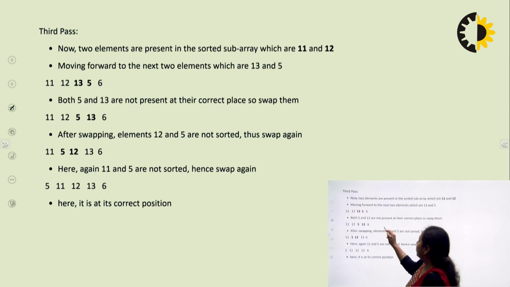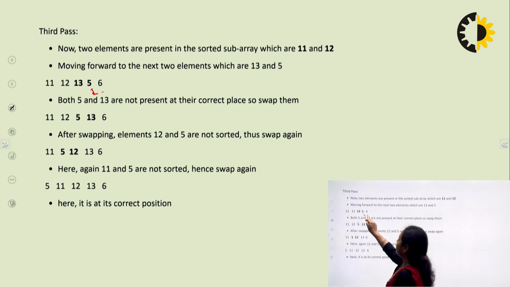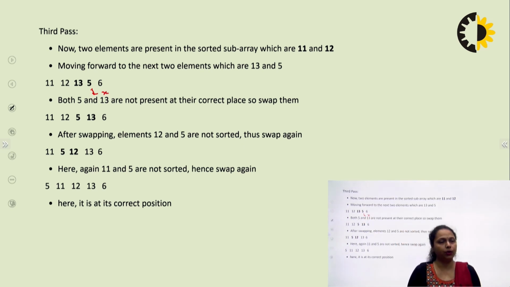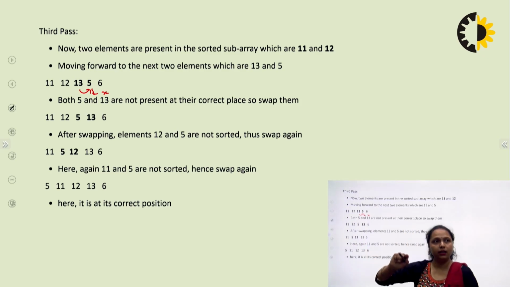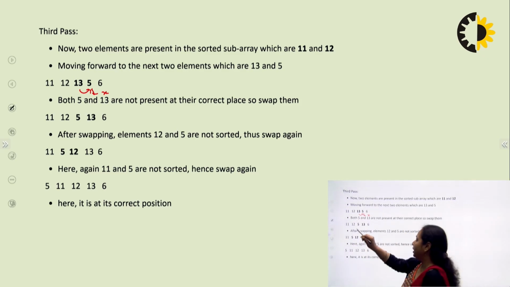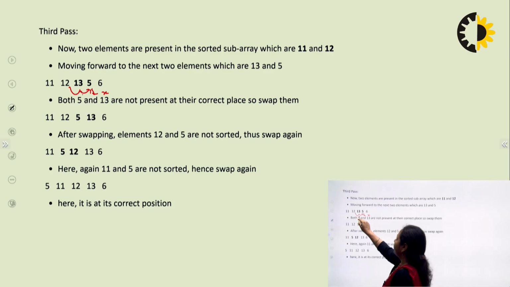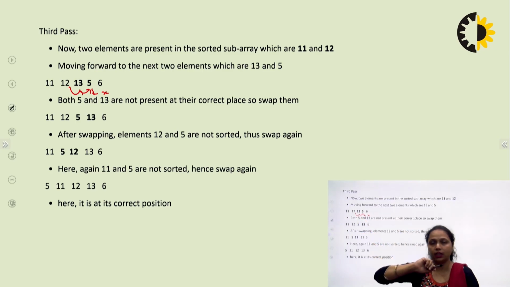Next we have 5. Now we compare 5. So 5 is stored in x. Now we compare it with 13. We found 5 is smaller than 13. So we shift 13 one place right. Now again it is compared with 12. It is smaller than 12. The 12 will come at the place of 13.